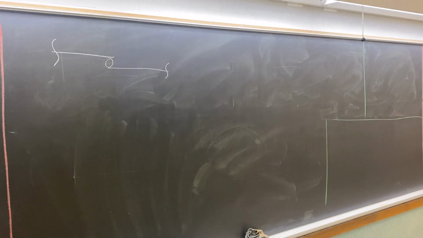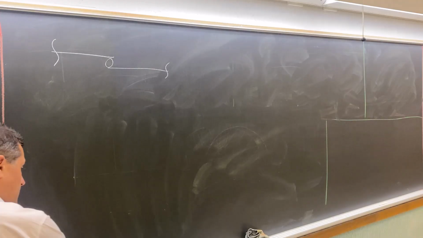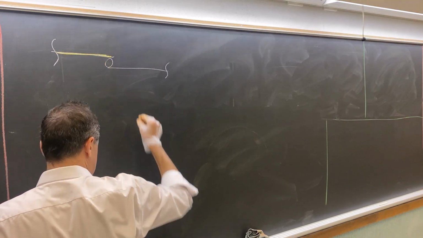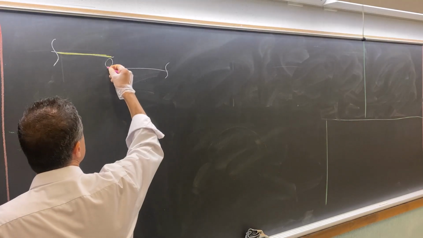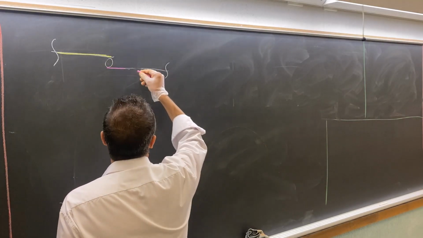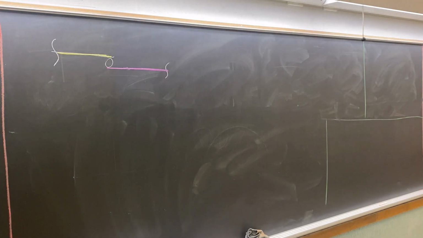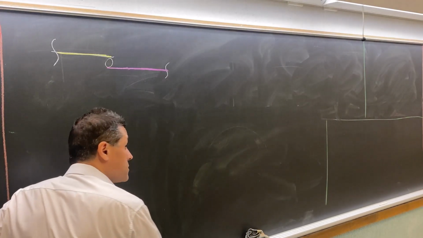So there are two elements, one of them in yellow, the other one in pink. We are going to find a number of condition equations.